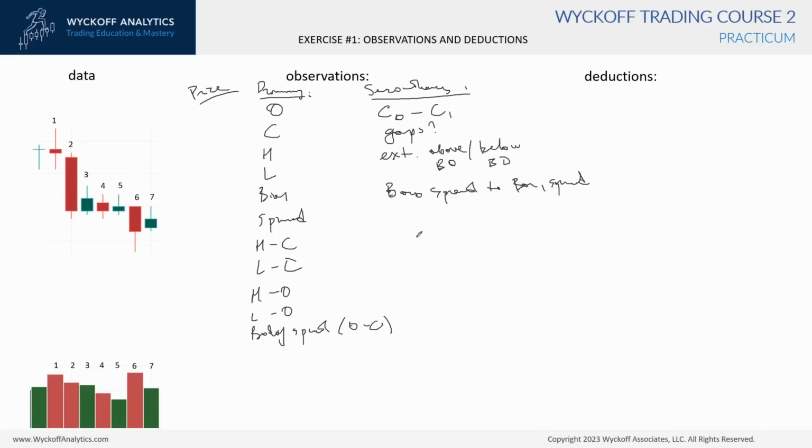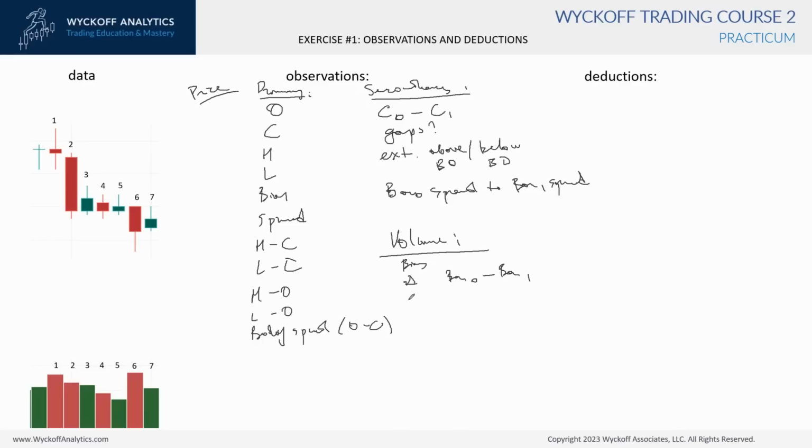We could then go to volume observations, and here definitely the bias itself is important. What color of the bar we have there. Then any differences between bar number 0 and bar number 1.